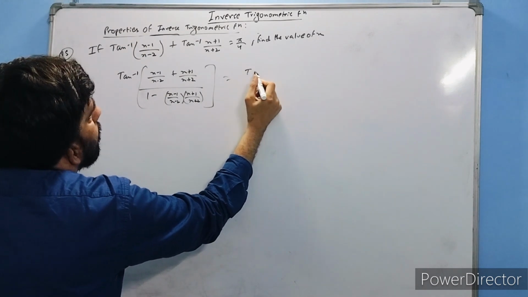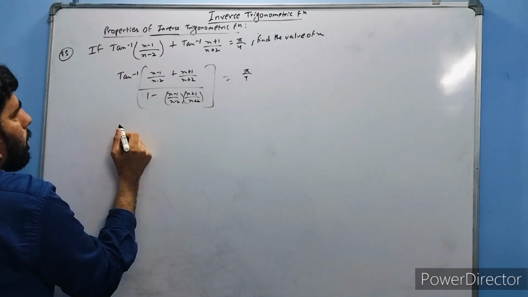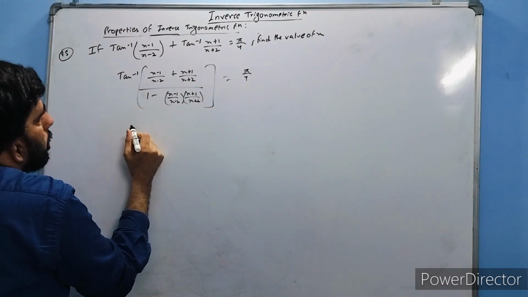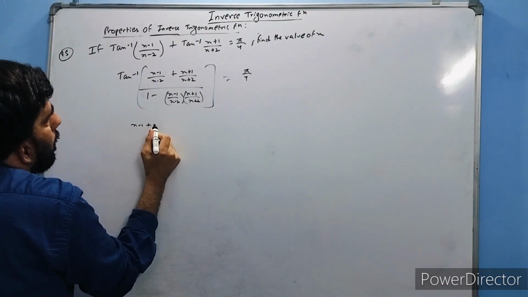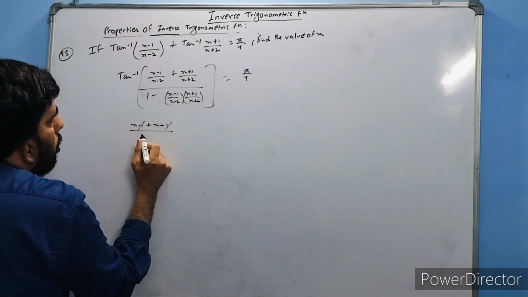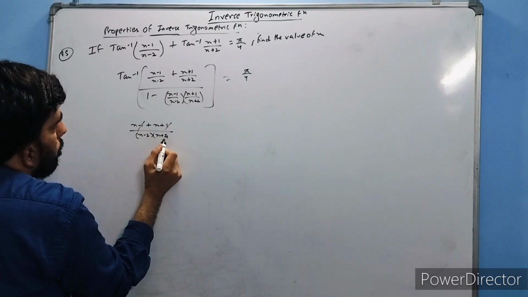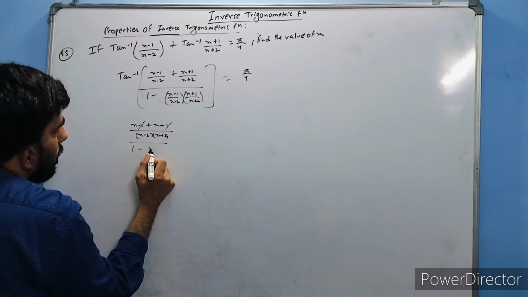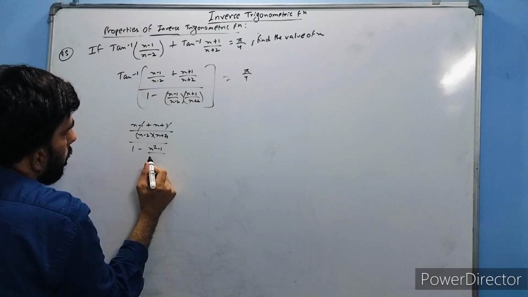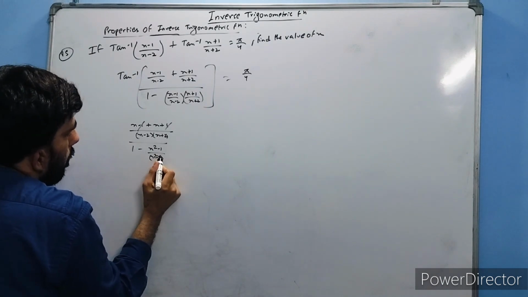If I say this is pi upon 4, then solving, we have x minus 1 plus x plus 1 upon 1 minus the product of x minus 1 upon x minus 2 and x plus 1 upon x plus 2.